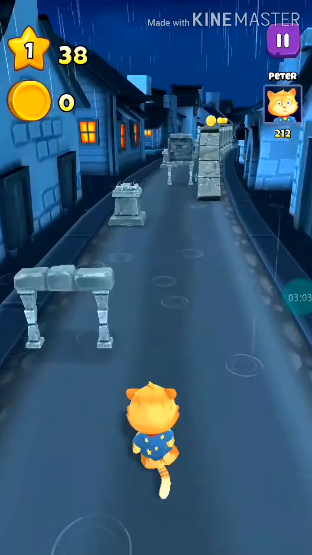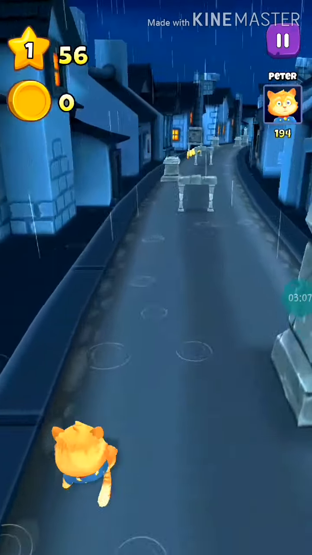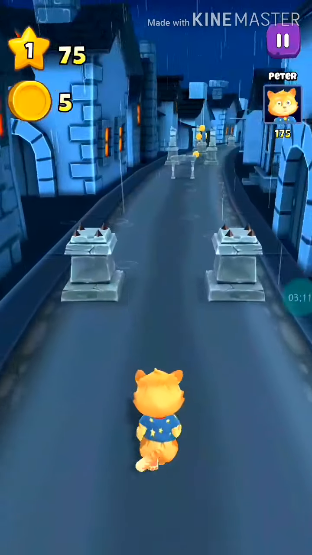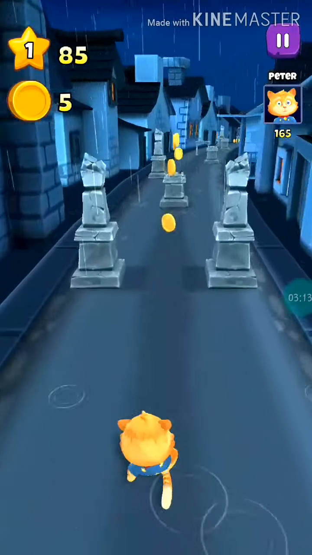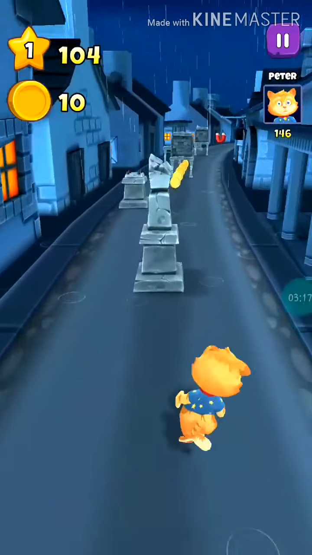It is very interesting. I think this looks like Subway Surfer. You have played. So yes, the only thing is here you have to do calculation, and also very fast calculation.